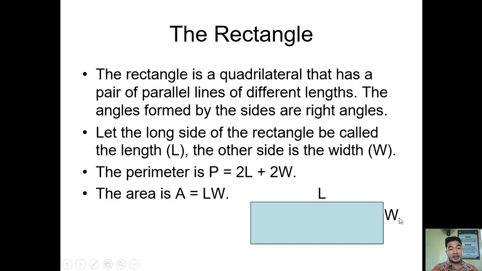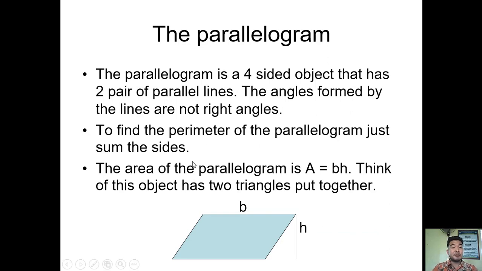The answer is 20. For the parallelogram, so this is the review for the property of the parallelogram. It is a four-sided object that has two pairs of parallel lines. The angles formed by the lines are not right angles. Hindi katulad sa rectangle na right angles lahat ng napo-form. Dito sa parallelogram, hindi.